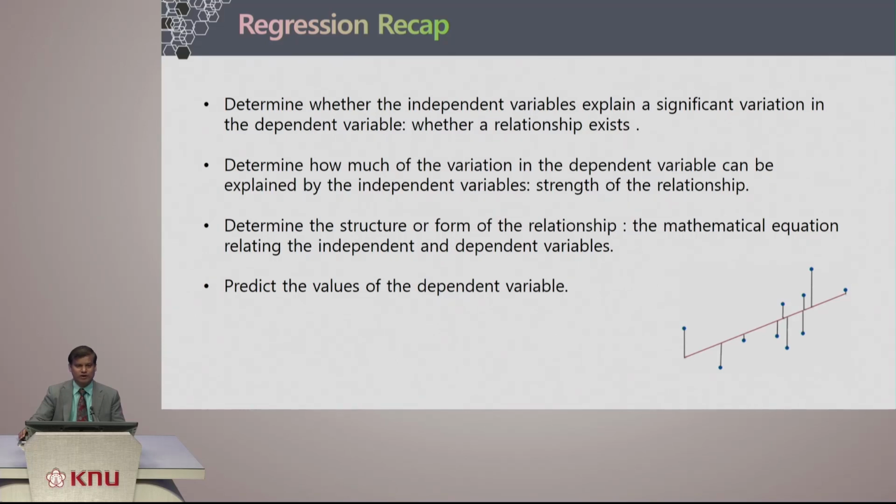We also have to determine how much of the variation in the dependent variable can be explained by the independent variable. In other words, the strength of the relationship. Finally, we determine the structure or form of the relationship, like a mathematical equation relating the independent variables and dependent variables. Again, just for your reference, the independent variables are the x values and the dependent variables are the y values.